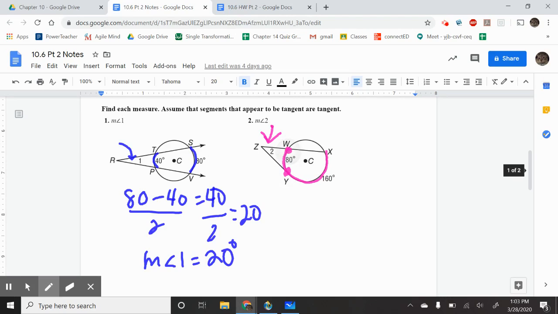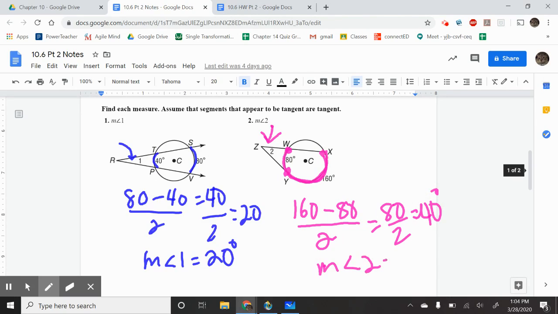And here, this arc right here is created by the secant and the tangent. All right, so big arc, 160, little arc, 80, divided by 2. That's 80 over 2, which is 40 degrees. So measure of angle 2 equals 40 degrees.